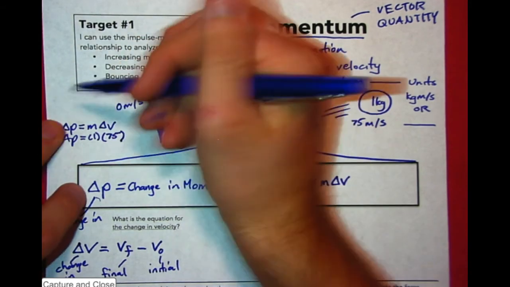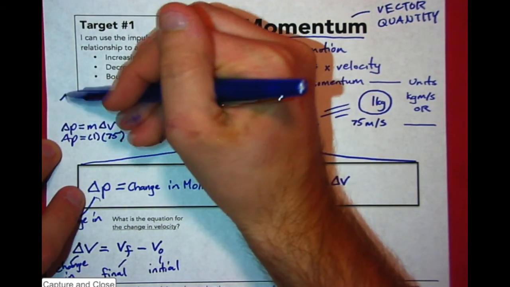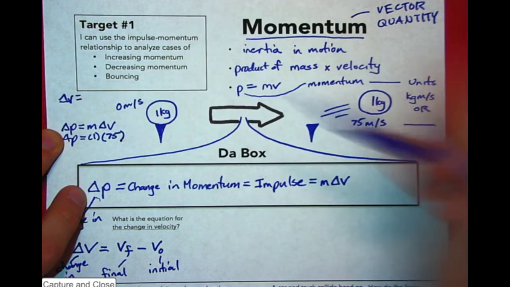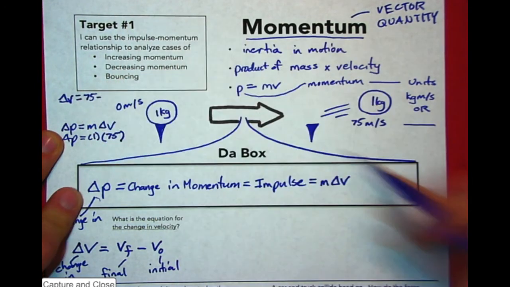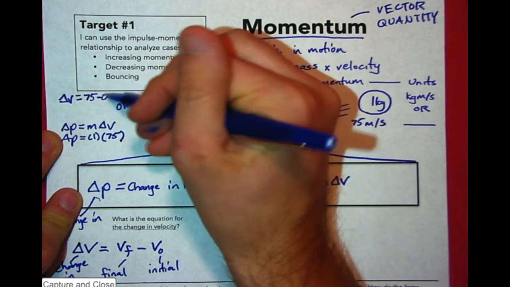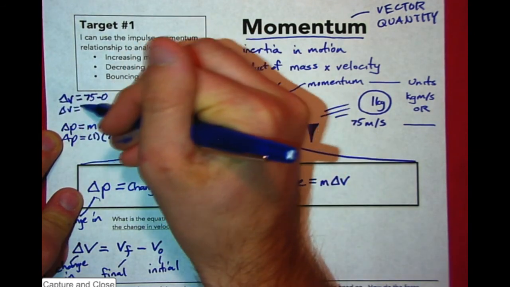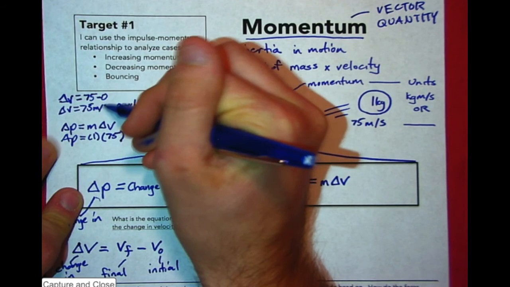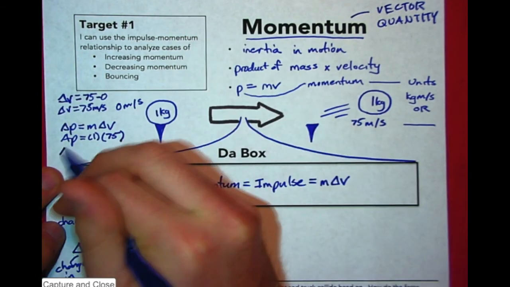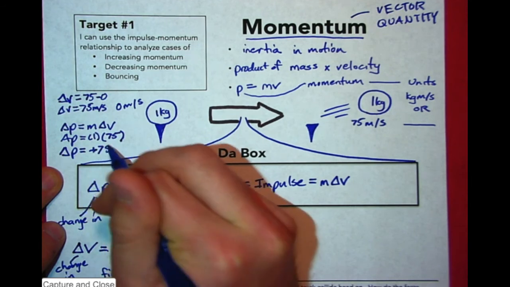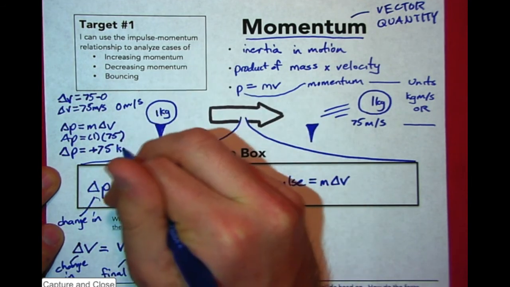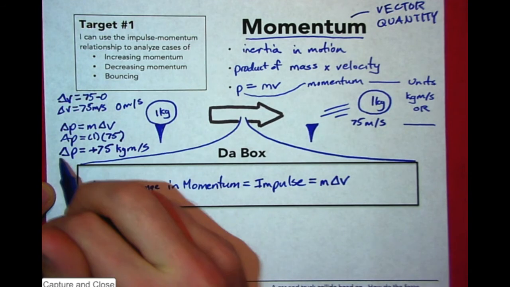So if we just do this mathematically really quick, our change in velocity is equal to my final velocity, 75 meters per second, minus the initial velocity, 0. We're still going to get that change in velocity be 75 meters per second. So when I calculate my change in momentum, I'm going to get a positive, because it's a vector quantity, 75 kilogram meters per second.